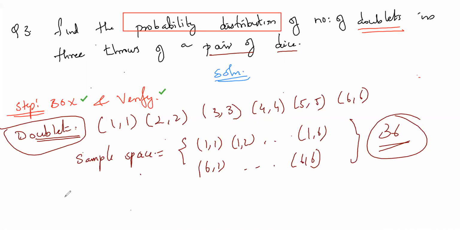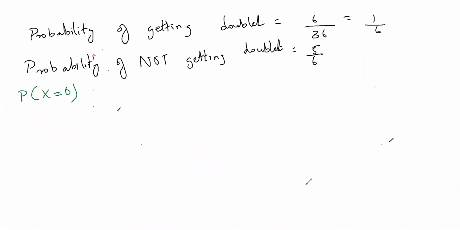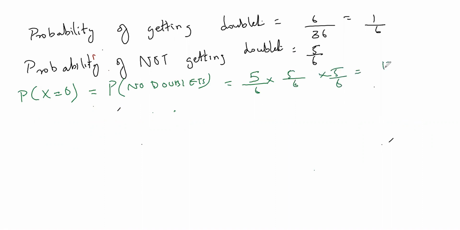X is nothing but getting a doublet. 0 doublets means P of no doublets at all. So 5 by 6 into 5 by 6 into 5 by 6. That's it. 5 cube is 125, 6 cube is 216 respectively. That's all.